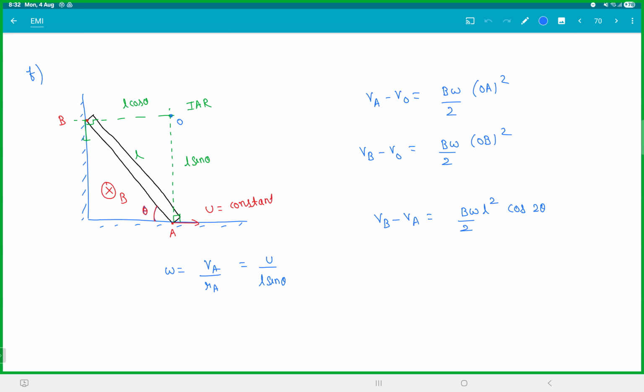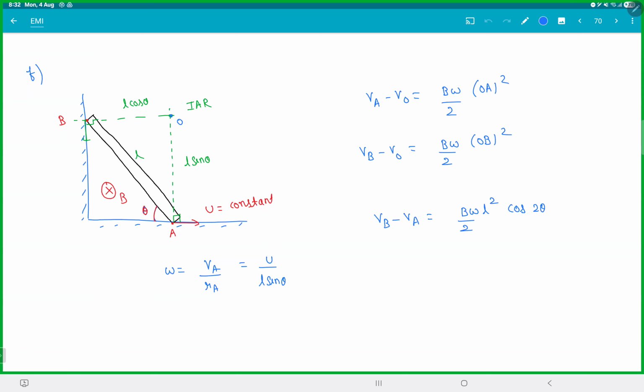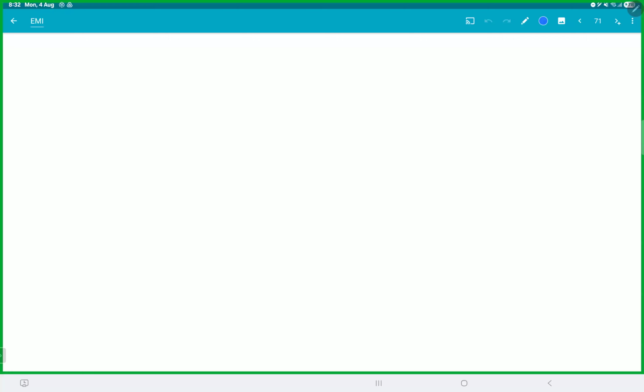Great. So this was the last thing that we did based on IAR. So go ahead. This is the top view. We have a conducting ring.